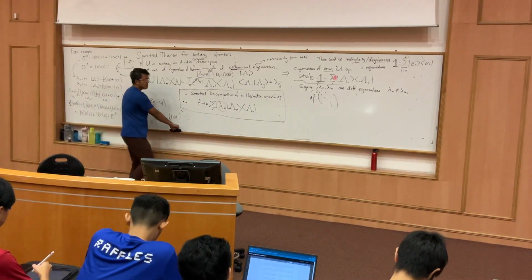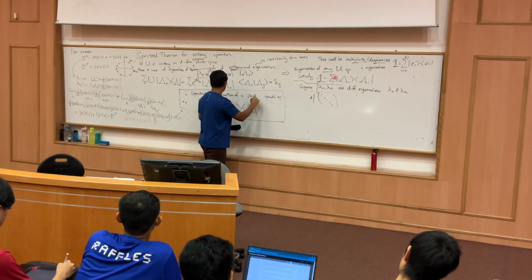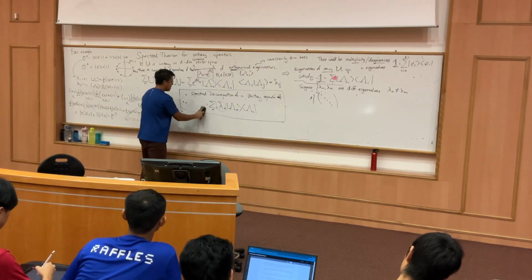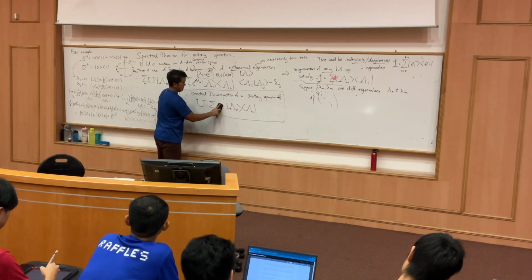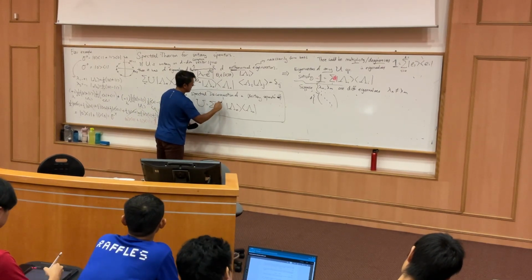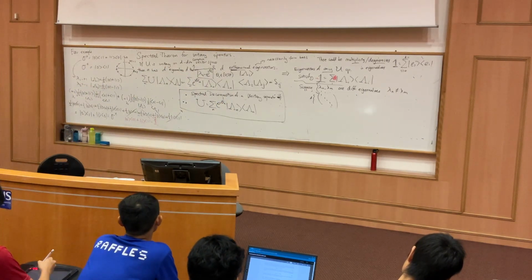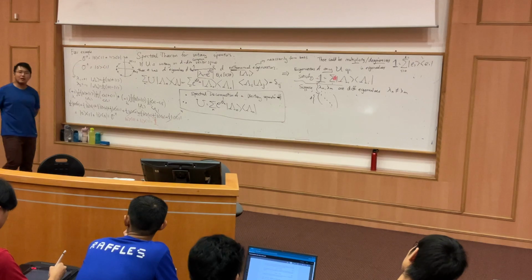And so the spectral decomposition of a unitary operator is: any unitary operator can be written as the sum of e to the power of i theta n times lambda n, so on and so forth. And what are some examples of unitary operators?